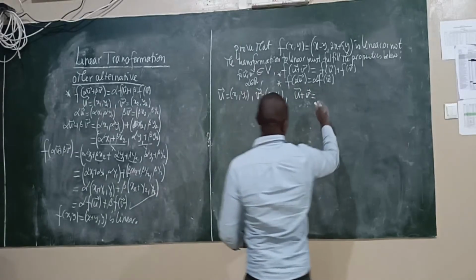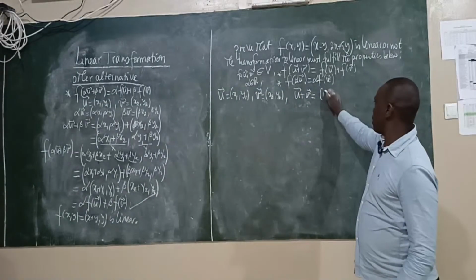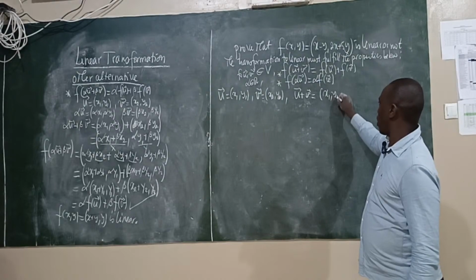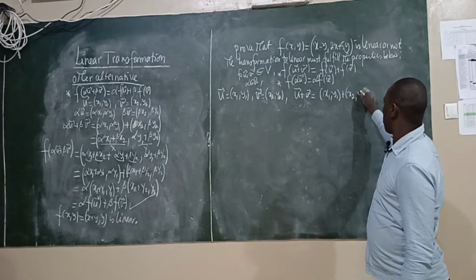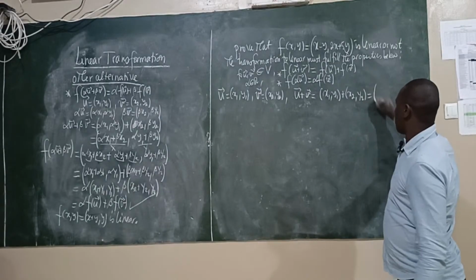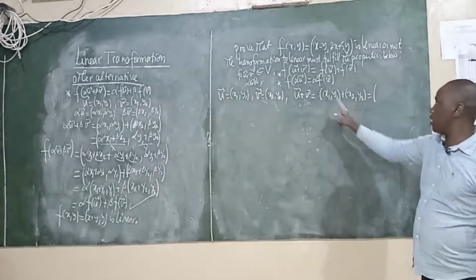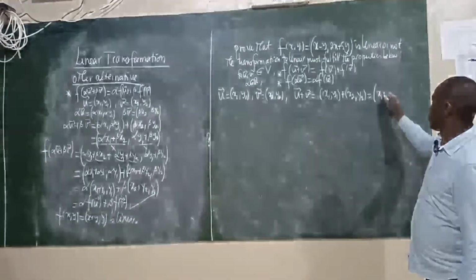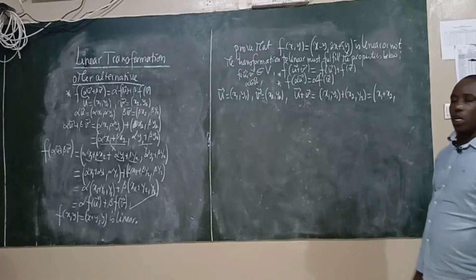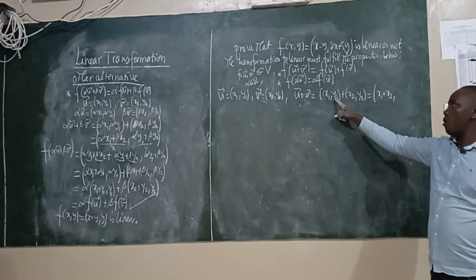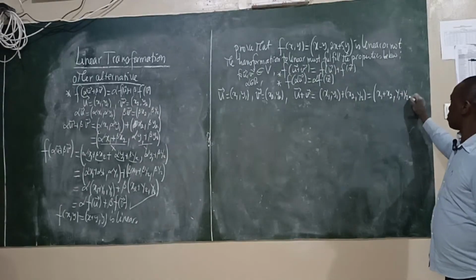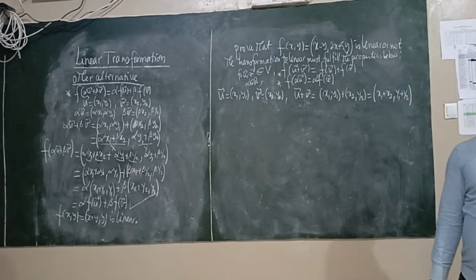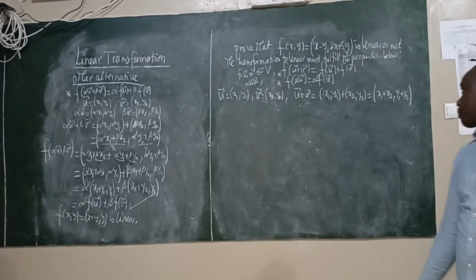U plus v is going to be (x1, y1) plus (x2, y2). We take x1 plus x2, comma, and we need y1 plus y2. The same way you add vectors.